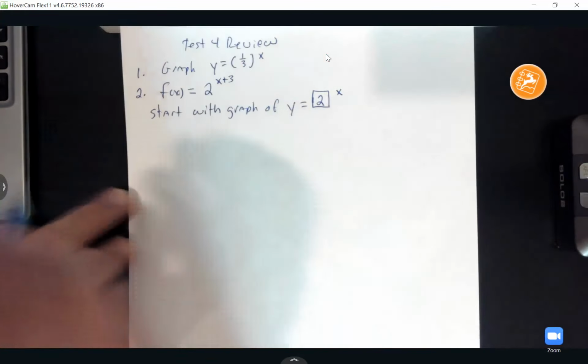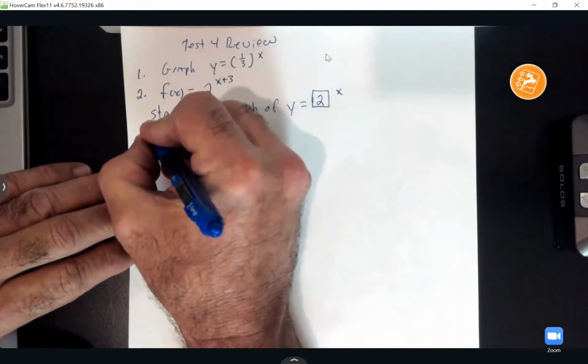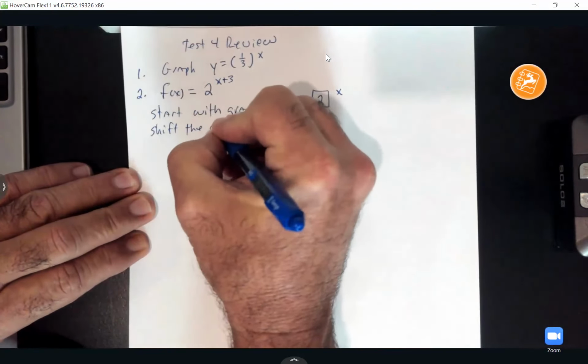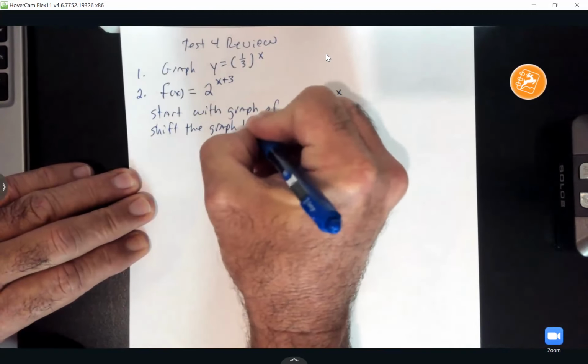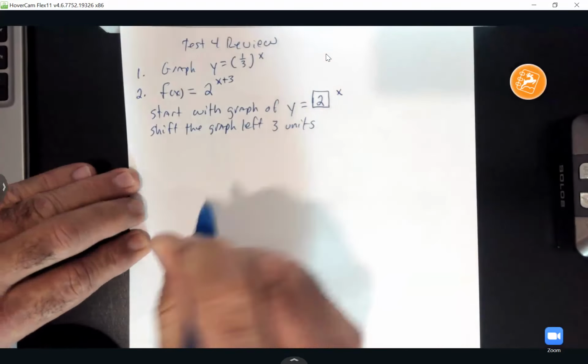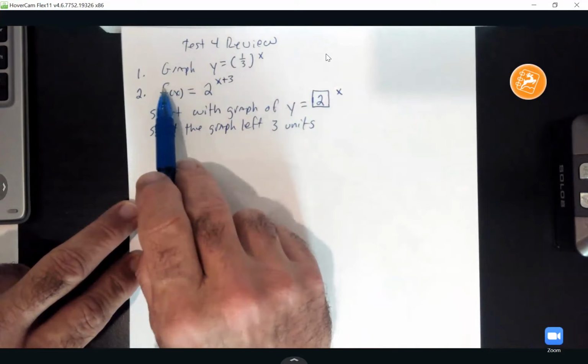Since we're adding on this one, it's going to move us left 3 units. So this will say shift the graph left 3 units. Okay, so if they subtract, you're going right. They add, you're actually going left.